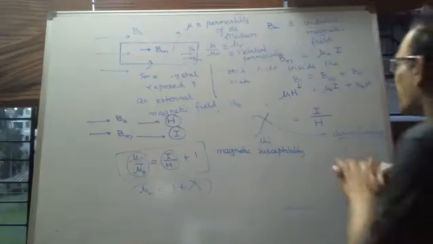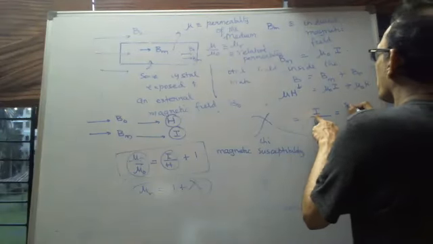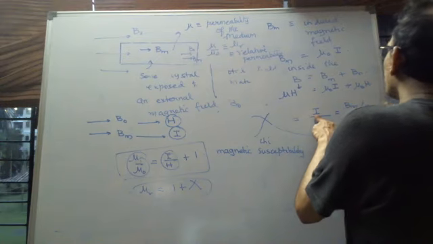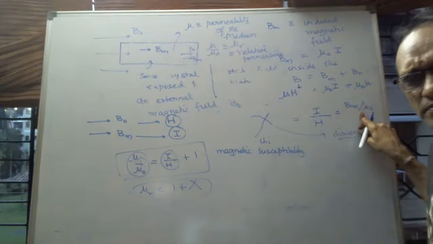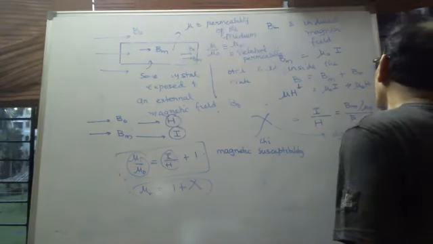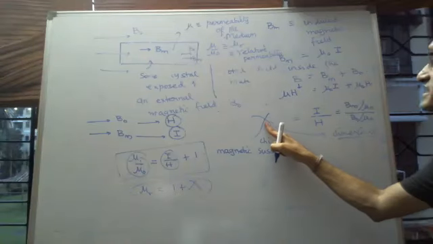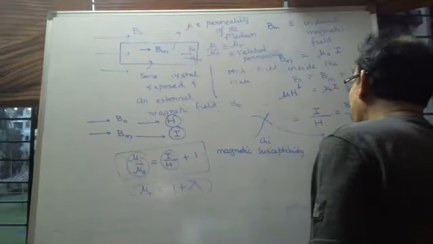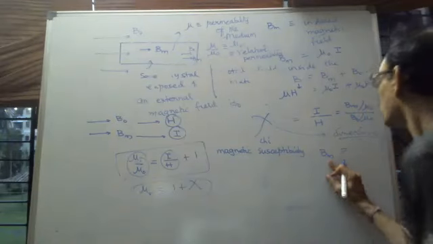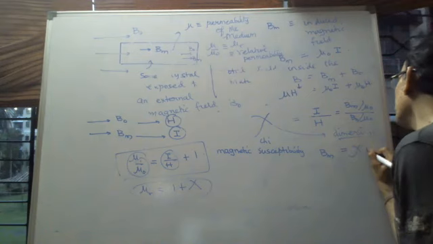We can write I as BM by mu naught, and H is B naught by mu naught. Their ratio is the susceptibility. So BM, the magnitude of the induced magnetic field, is B naught into chi.